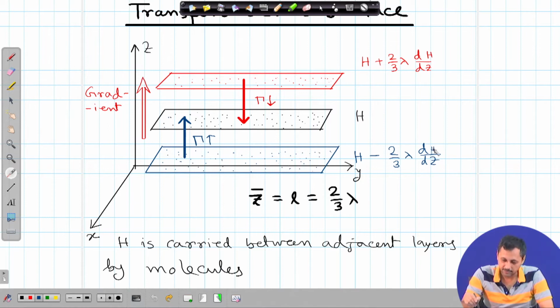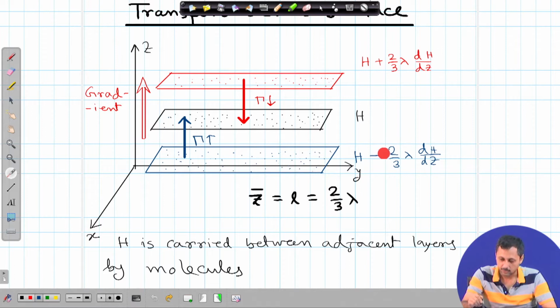In a similar manner, in the lower layer it will be present in an amount H minus 2/3 lambda dH/dz. This description is true for any 3 adjacent layers. We can take any one of them as the reference layer, one on top as the hot layer, and one at the bottom as the cold layer.